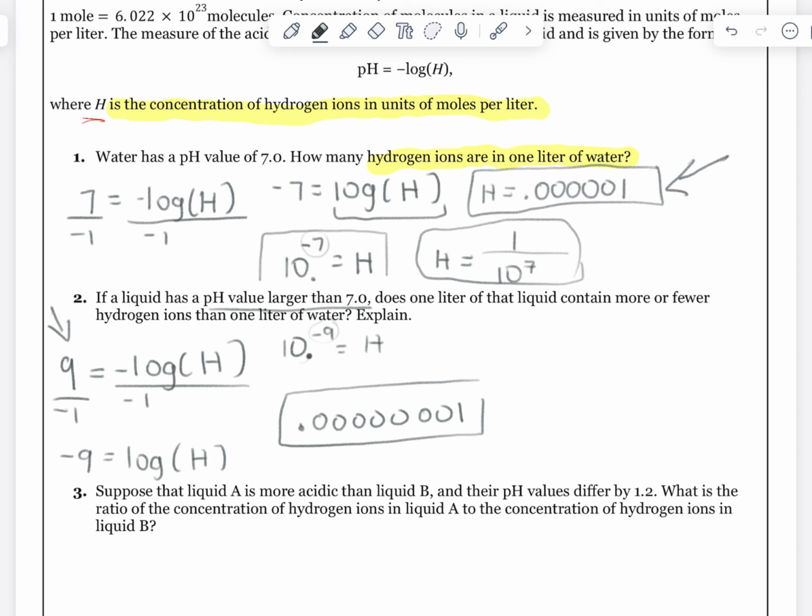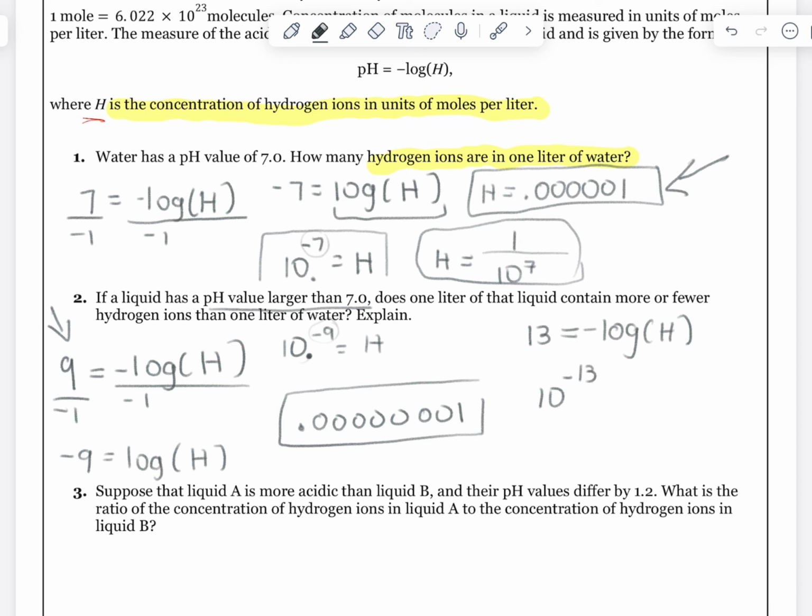Why? Because there's going to be an inverse relationship between the pH of a liquid and the number of hydrogen ions that exist. Think about it. Imagine that you had a pH of 13. I don't even know if the pH scale goes that high. But imagine if it did. How many hydrogen ions would you have? Well, given that we've seen the pattern, we would have 10 to the power of -13, right?